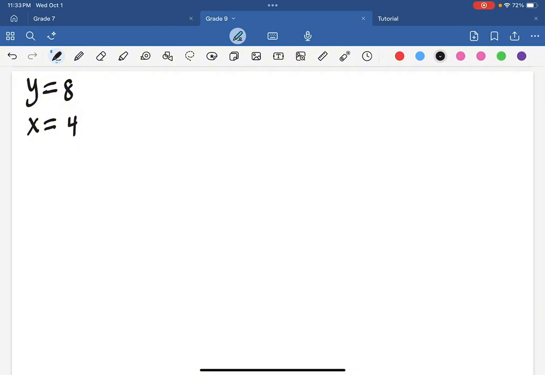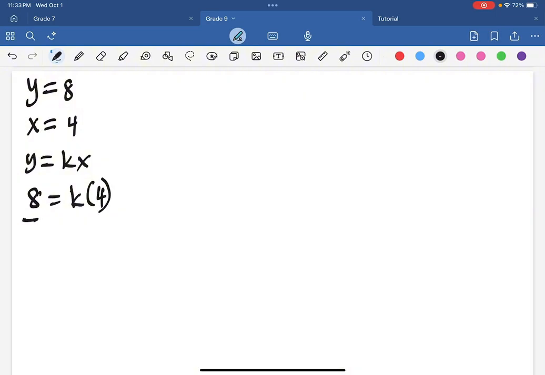Now for the last part, which is graphing. Now we have here values of y and x. For y is 8 and x is 4. So your task is to graph this. First we need to find the value of k. Using the formula, y varies directly as x, so y is 8 equals k times 4.